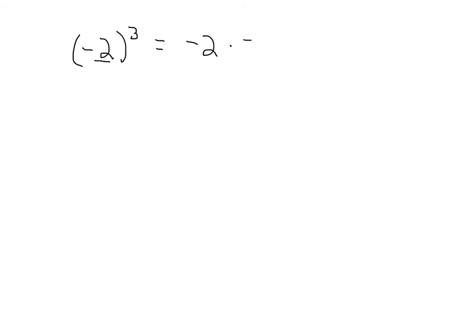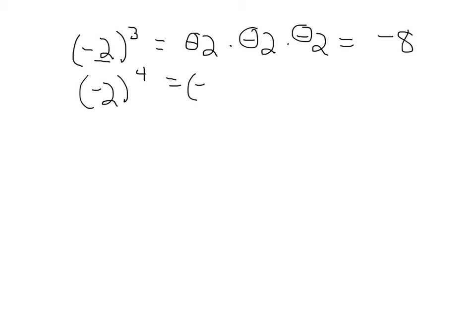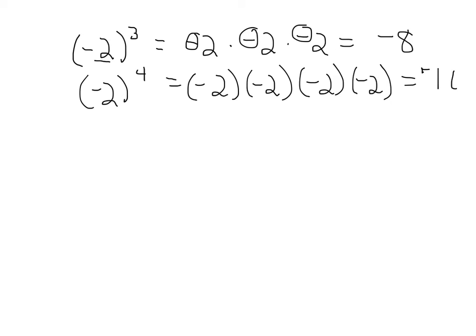So -2 times -2 times -2 is -8, because there are 1, 2, 3 negatives, and 2 times 2 times 2 is 8. -2 to the fourth power, however, is -2 times -2 times -2 times -2, which gives me positive 16, because I have 1, 2, 3, 4, an even number of negatives. So, this will be for your weekend homework.